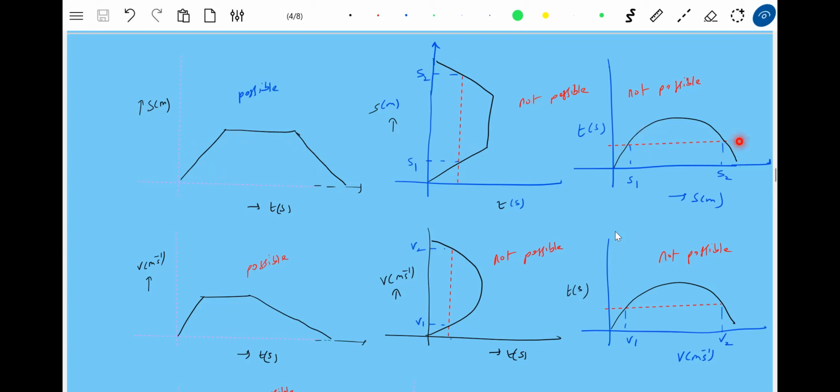What about this graph? This is again a time versus position graph, so this axis is time and this is position. This one is velocity.